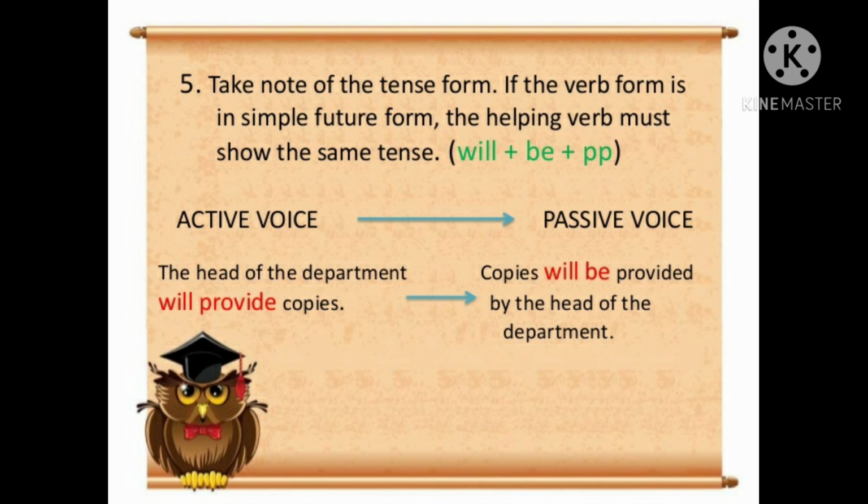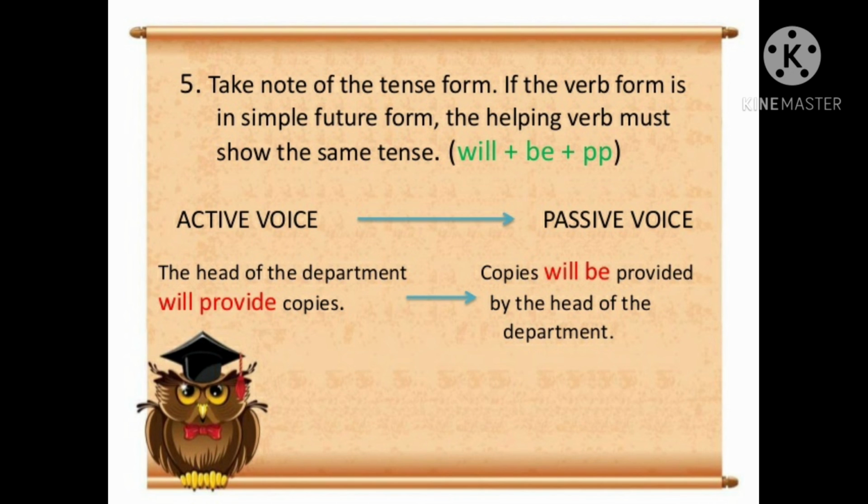Now the next step is to take note of the tense form. If the verb form is in future form, the helping verb must show the same tense, meaning will plus be plus pp. pp means past participle. It is in V3 form. So if it is written in the active voice, the head of the department will provide copies.